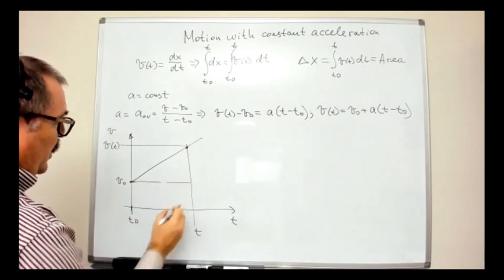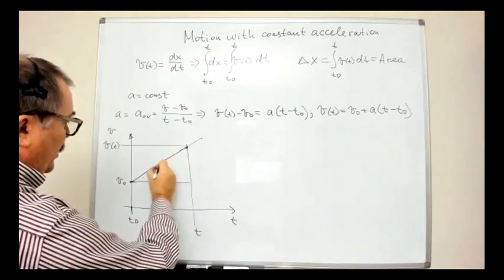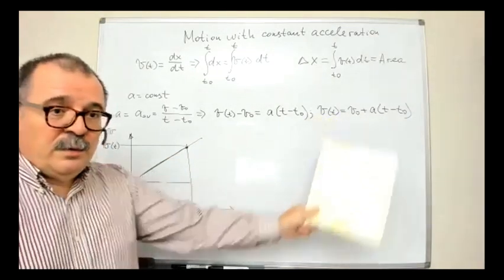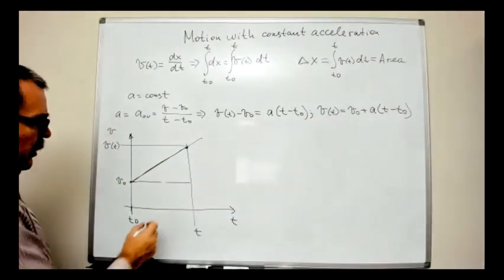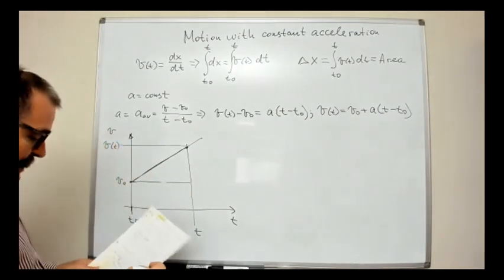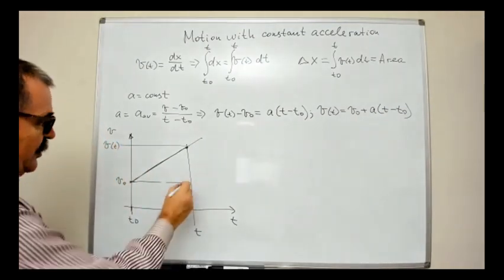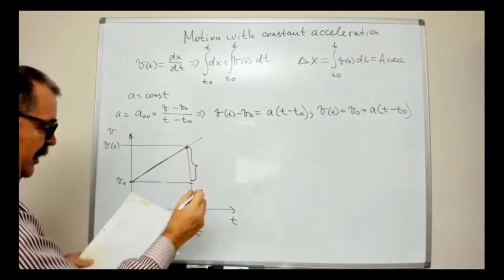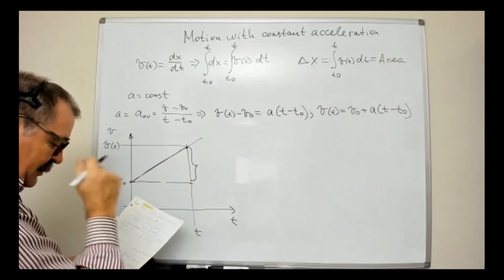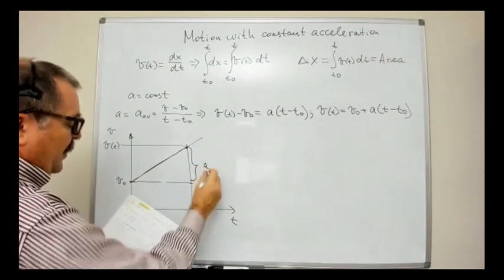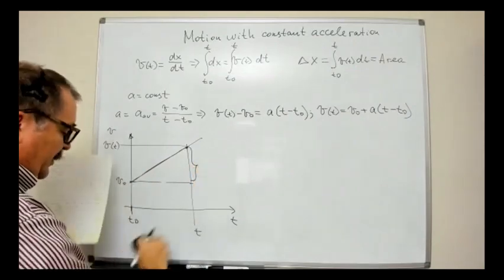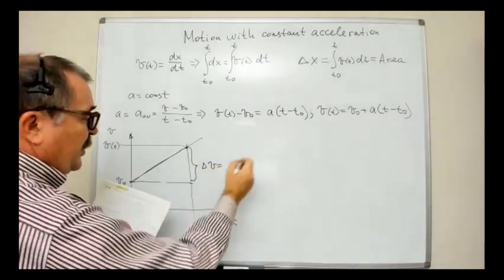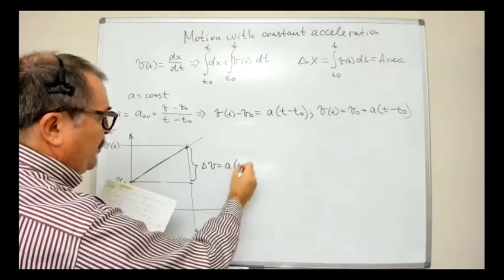So that's how this plot represents this formula. This segment is the change of the velocity, delta v, which is a times (t minus t0).